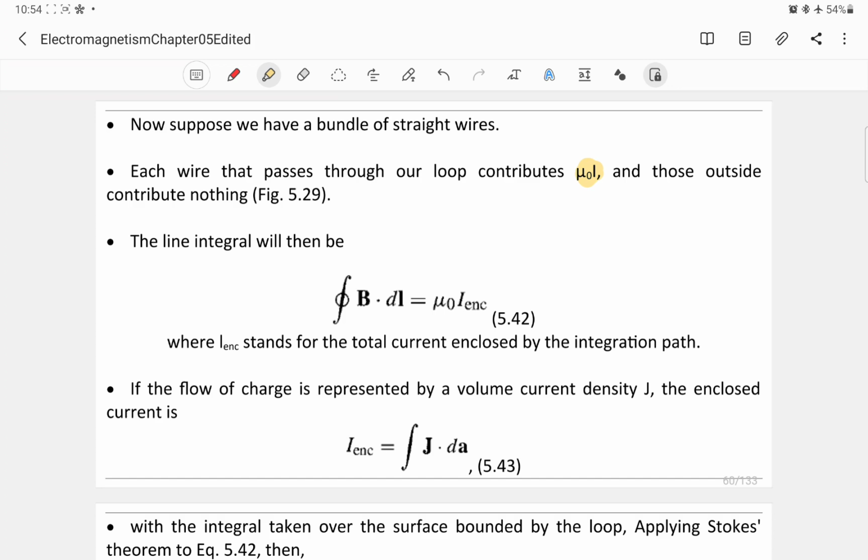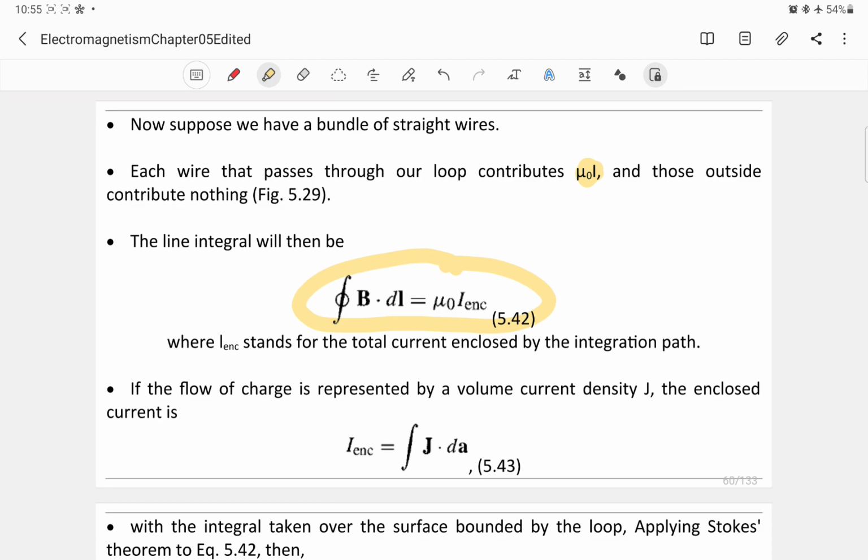So the line integral would have to be this one here. It depends now on the enclosed current, where I enc, or I enclosed, is the total current enclosed by the integration path.